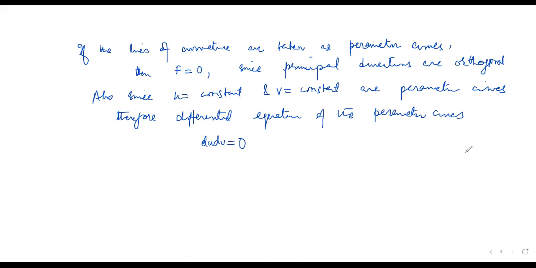If we are on a v curve, then du is 0, and on a u curve, dv is 0, so in any case the product is always 0. This is the differential equation of the parametric curve.